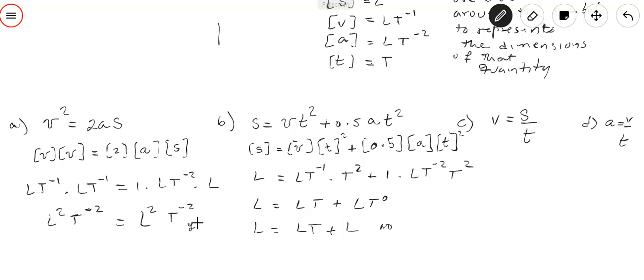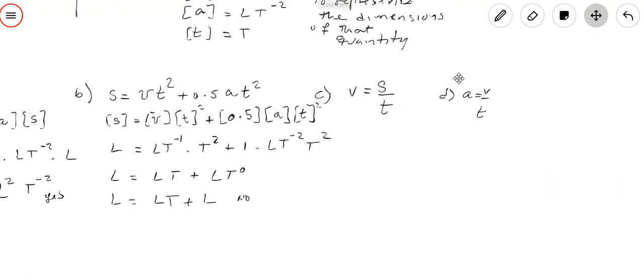The previous one is dimensionally consistent on both sides, we had L squared T to the negative 2. In this case, it's not dimensionally consistent because on one side we have L, and on the other side we have L times T plus L. So this second case is not dimensionally consistent.